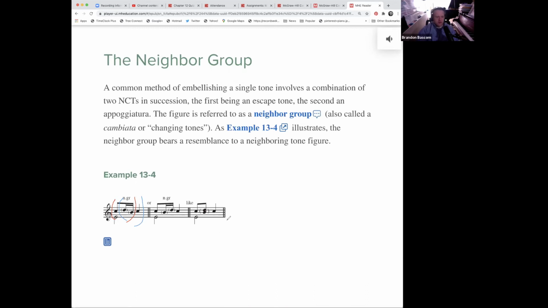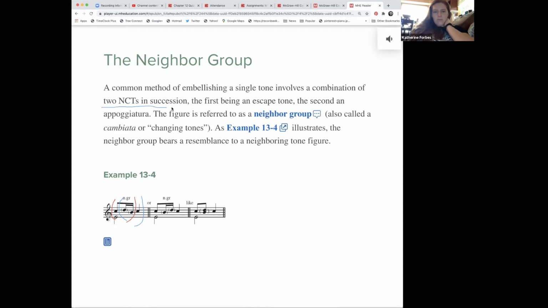Yes, and the thing that solidified it for me the other day was this line right here. For it to be a neighbor group, where does it say it? Two successive non-chord tones. Two NCTs in succession.